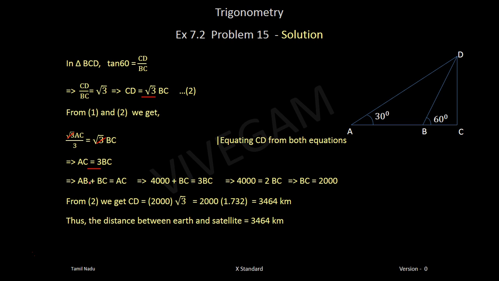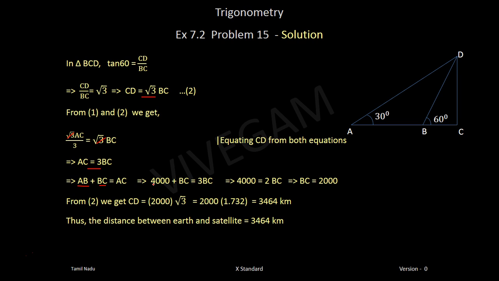Am I right? So AB, and what is AC? AC is AB plus BC. So the next relationship is AB plus BC equal to AC, and we know AB is 4000. Am I right? The distance between the two stations is 4000.